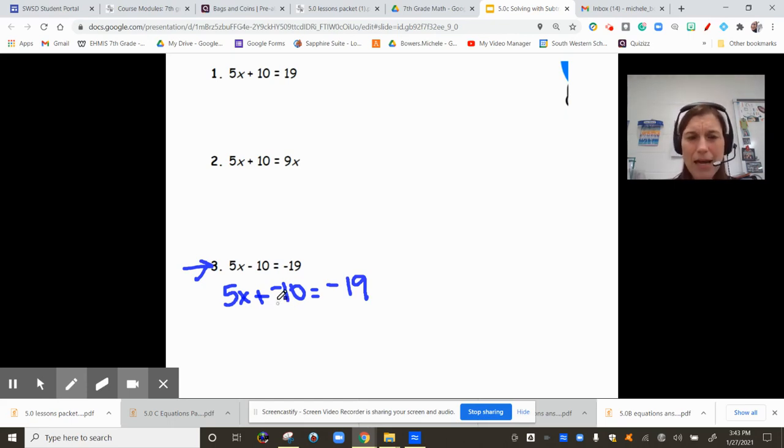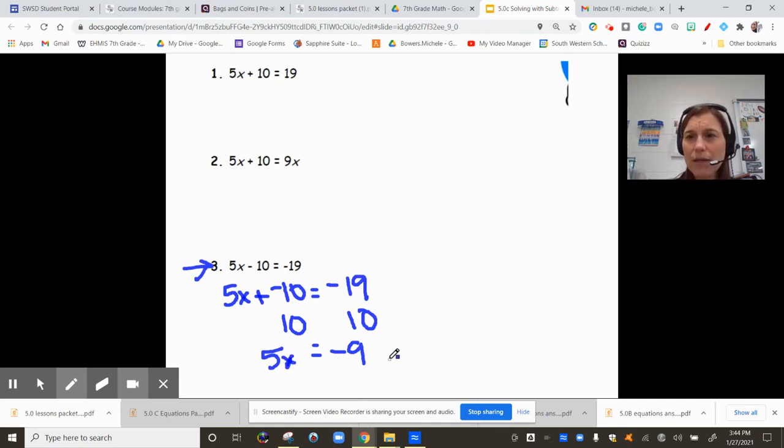That's complicated. I'm going to add 10 to both sides. So when I give a positive 10 to both sides, I get negative 9 on the right, and 5x is left over on the left-hand side.